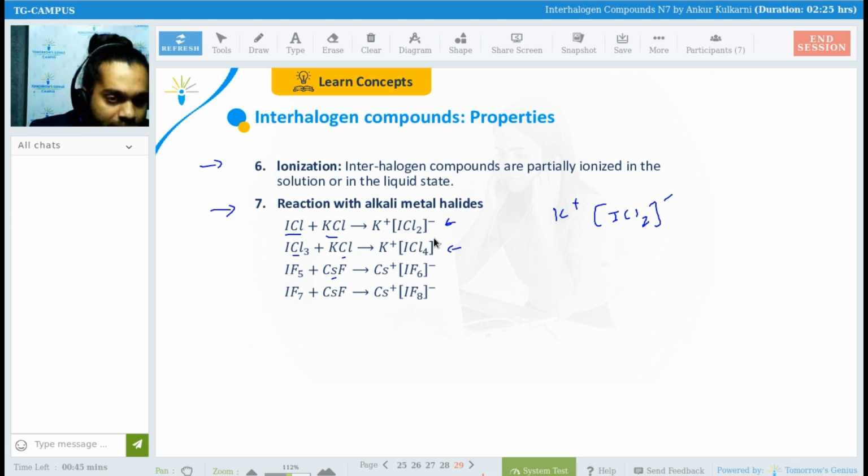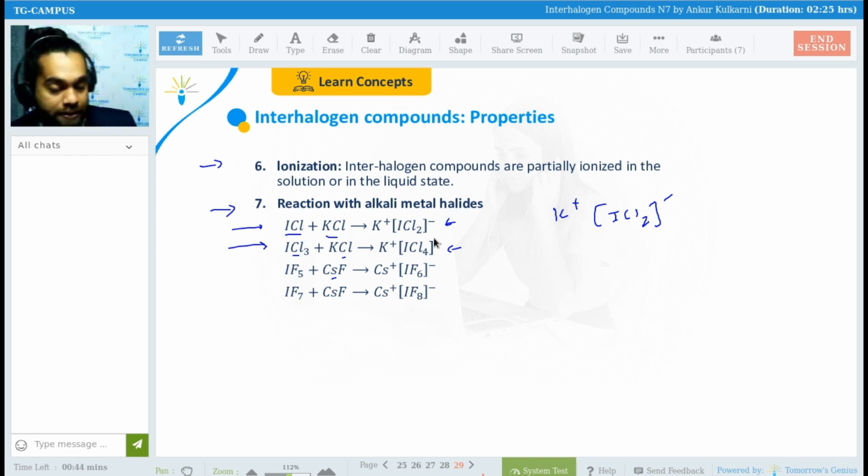Come on, write down these two reactions at least. Write it down, everyone, and say done in the chat box. Reaction with alkali metal halides.